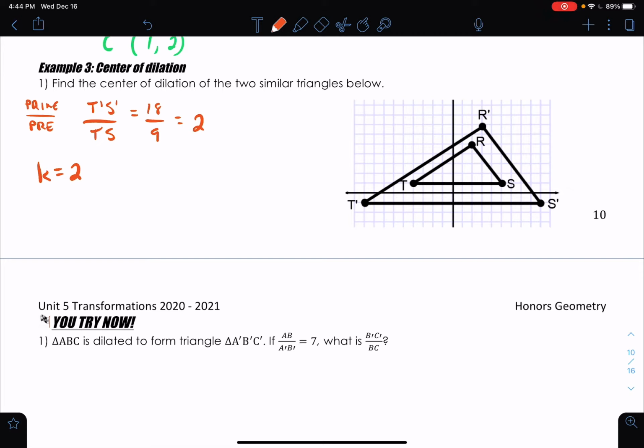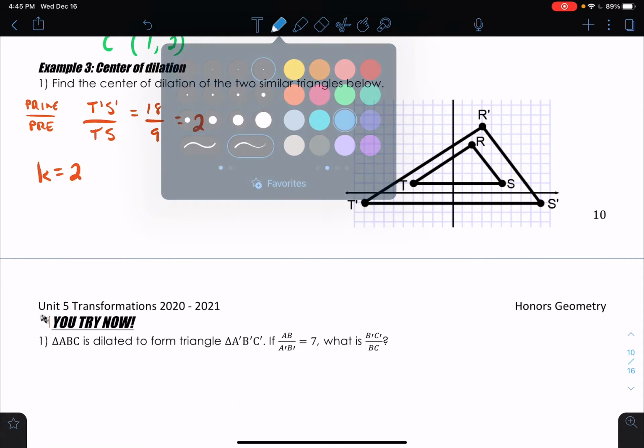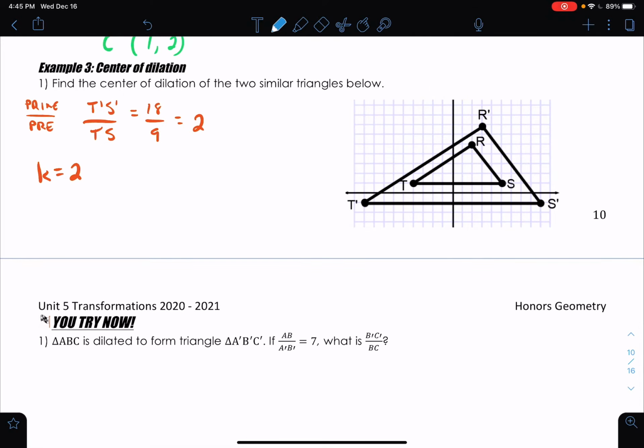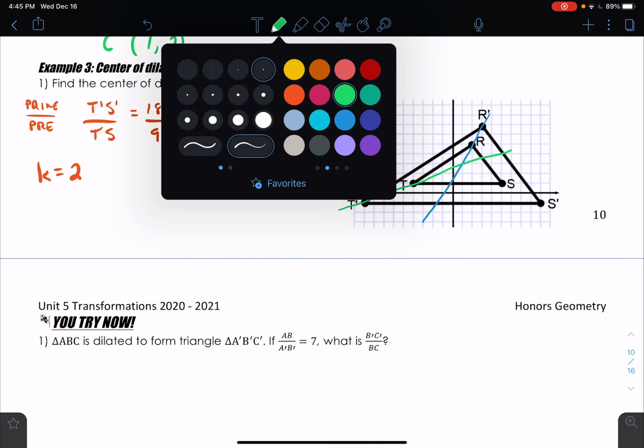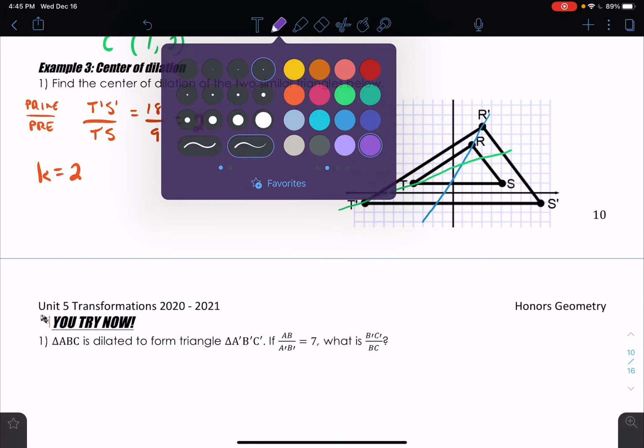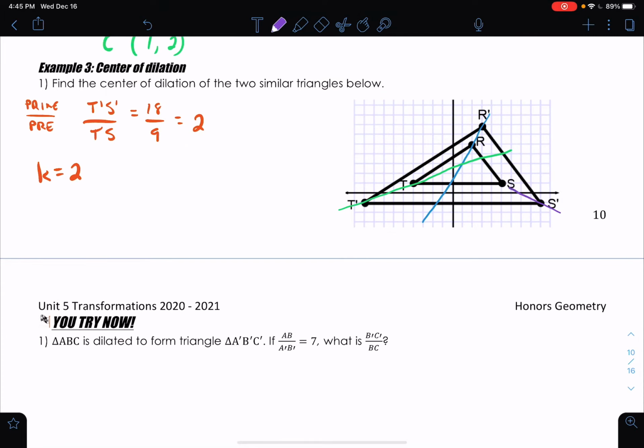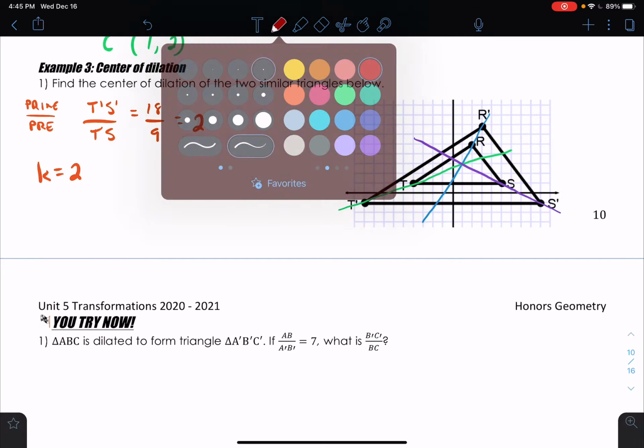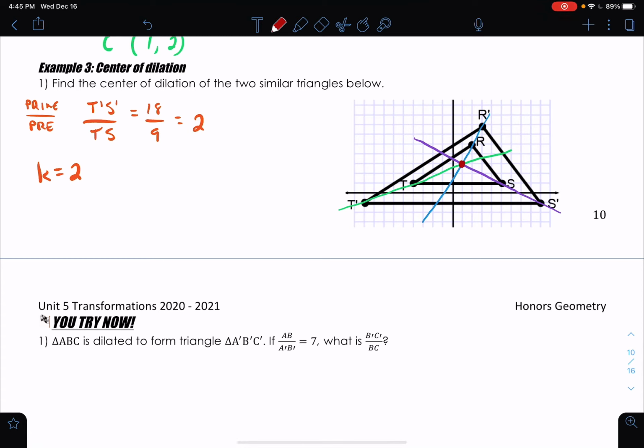All right? So what I'm going to do here is draw a line through R and R'. Okay. Now I'm going to draw a line from T' through T. And I'm going to draw a line from S' and S. And notice how all of these points intersect right here.